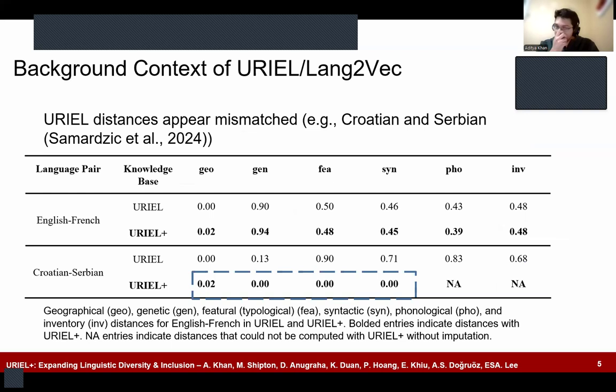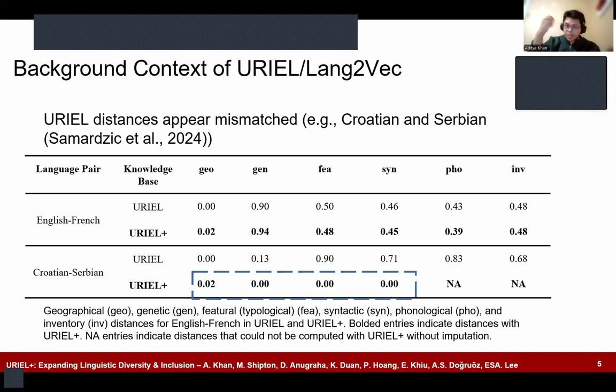I would encourage you to look at the blue box on the screen, which represents the distances that URIEL Plus would report versus what URIEL would report. URIEL is not bolded for Croatian and Serbian. Notice that Croatian and Serbian have a reported typological distance, or equivalently featural distance, of 0.9.